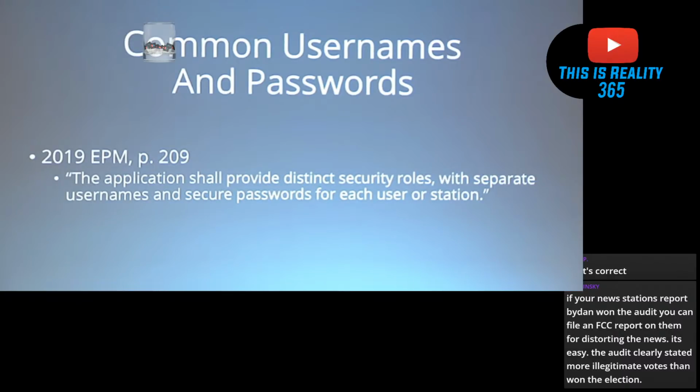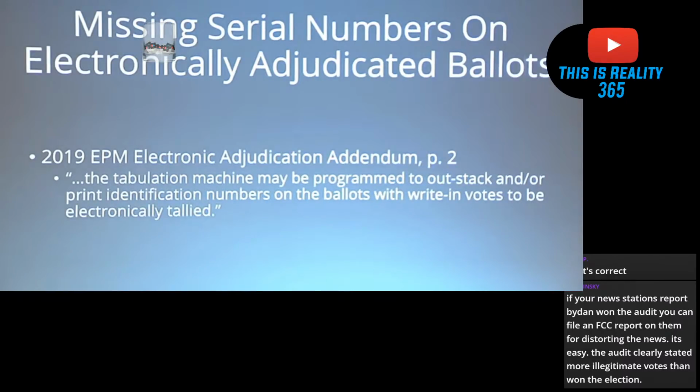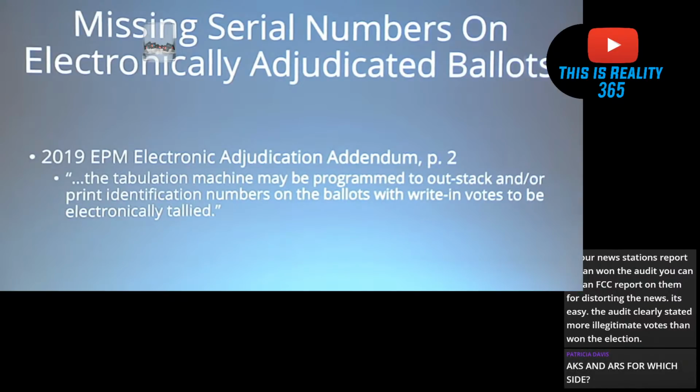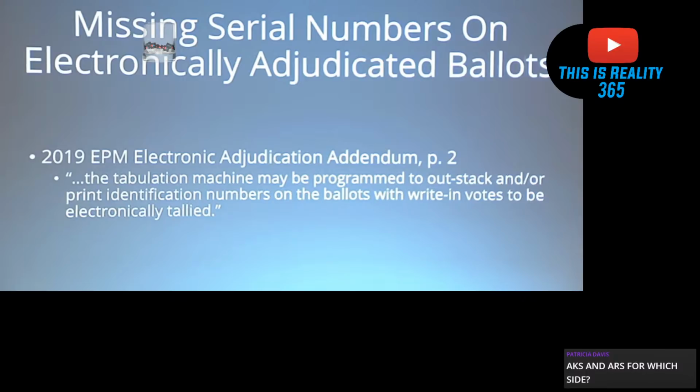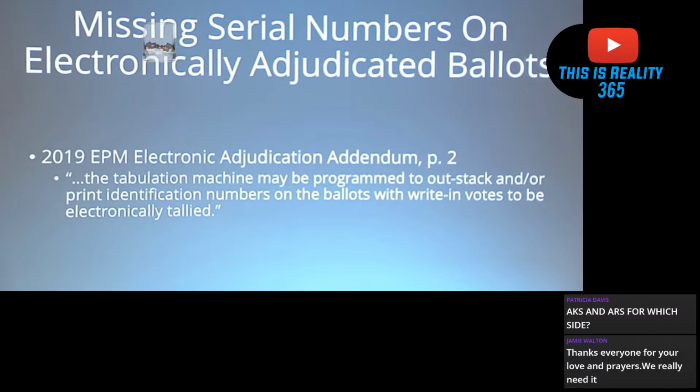The next one would be missing serial numbers on electronically adjudicated ballots. An addendum to the 2019 election procedures manual specifies that tabulation machines may be programmed to outstack or to print identification numbers on the ballots with write-in votes that are electronically tallied.